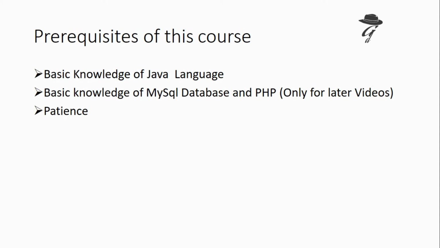And that's why I have chosen the Java language, because many of you who want to jump into Android may know Java, but there is less possibility that you know Kotlin, because Kotlin is a very new language. It's been here for 2 or 3 or maybe 4 years, right? So we are going to use Java in this course, and you should have basic knowledge of Java and the concept of OOP, right? Object Oriented Programming.